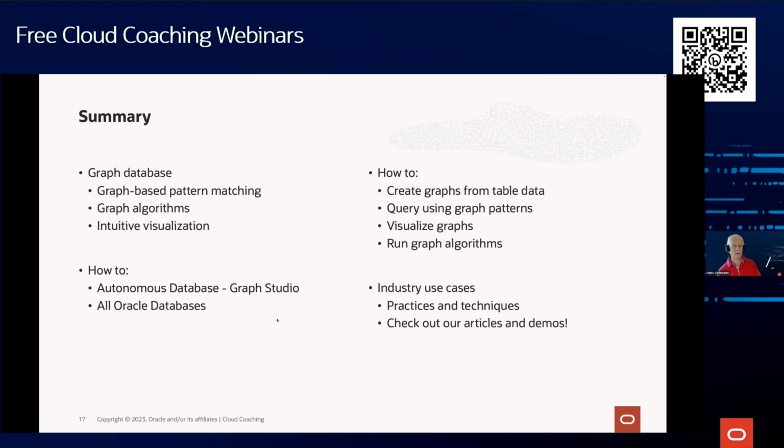But the same operations can be done using all Oracle Database editions and deployments. And there are many industry use cases. Each use case has its own practices and techniques. So please check out our articles and future articles and demos in our channel.